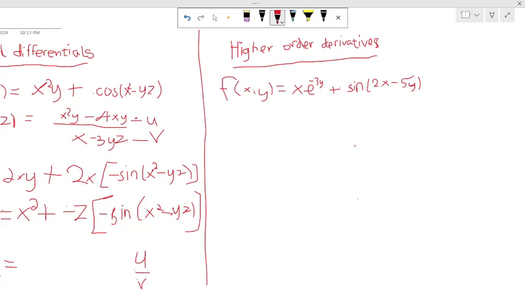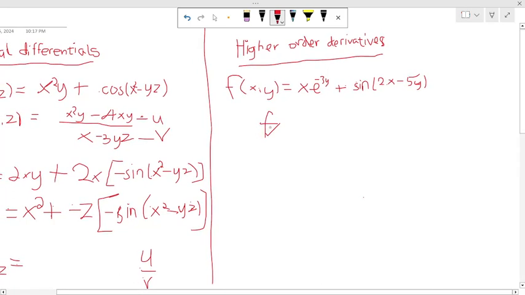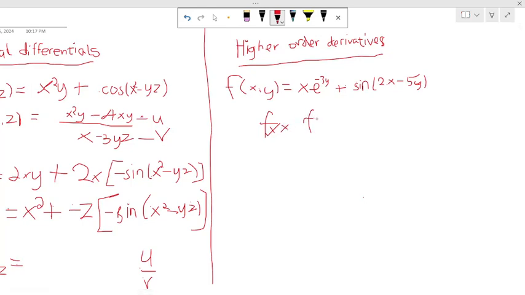Now in this tutorial we are going to consider higher derivatives: f_xx, f_xy, f_yx and f_yy. That is, we are finding the second differential of the given function.